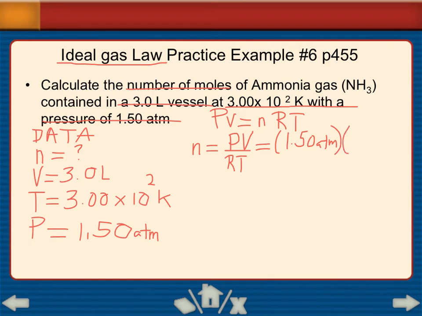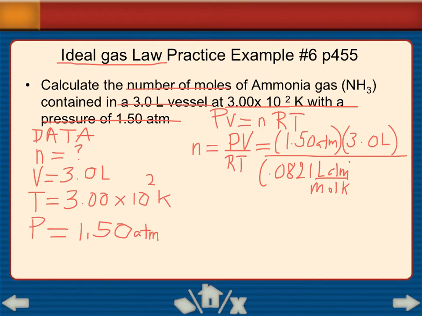Now substituting the data into the equation, we have 1.50 atmospheres. We have a volume of 3.0 liters. We must select the value of R consistent with the units of pressure. Referring back to the previous slide, that would be a value of 0.0821 liter atmosphere per mole Kelvin times the temperature in Kelvin.